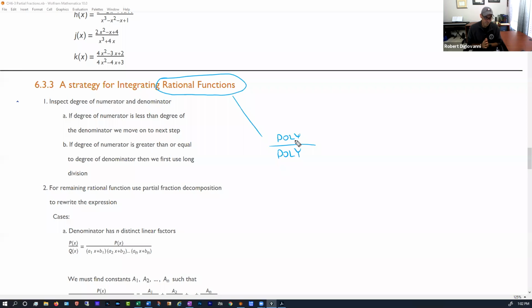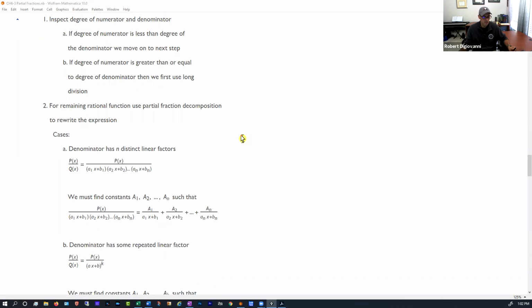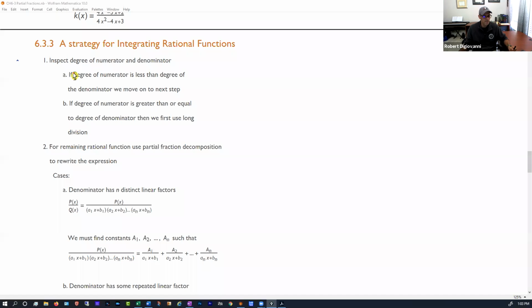If I go through and read these steps, it can be somewhat nauseating to talk about what partial fraction decomposition is, because of all the notation. It just looks horrible. I think it's better just to work through some specific examples to remind you how we do partial fractions. But let's get to the beginning of the steps.